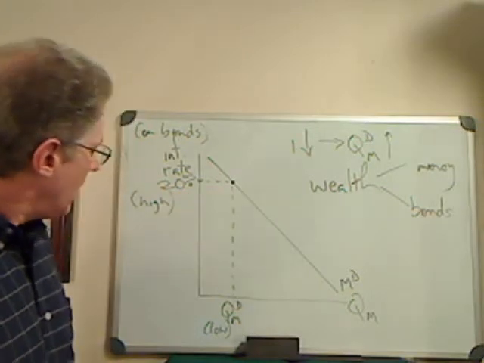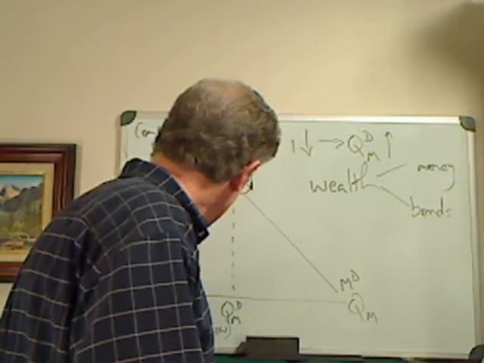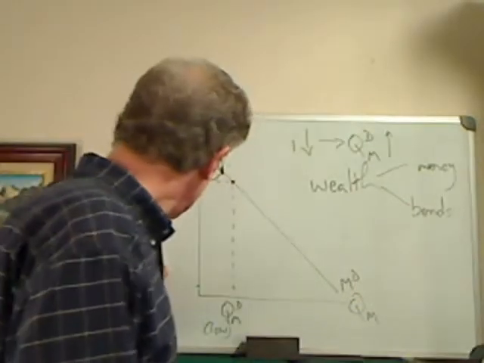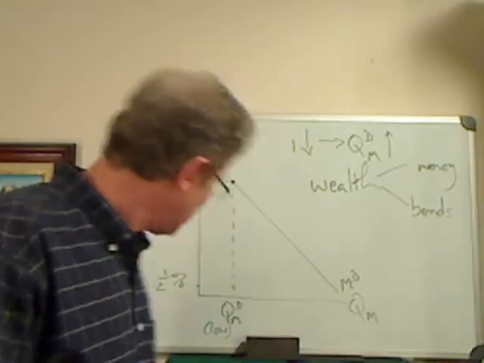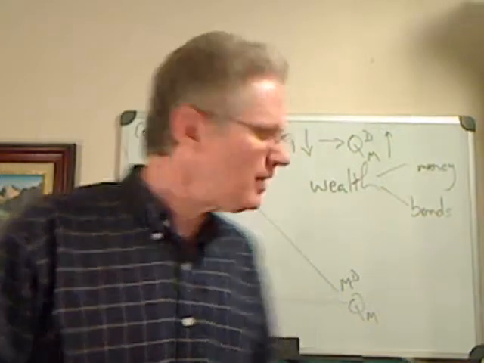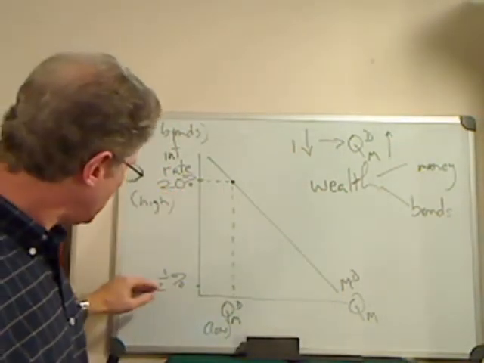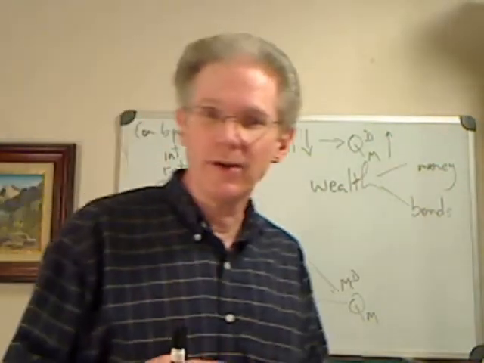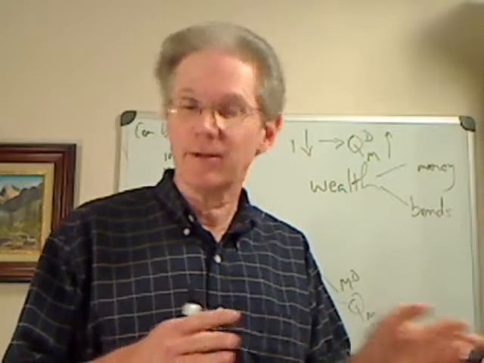What if, on the other hand, the interest rate on bonds is very low? So it's only 0.5%. Do bonds look as attractive? Obviously not. At 20%, bonds look great. 0.5% interest means if you hold $100 worth of bonds for a year, you get 50 cents of interest.